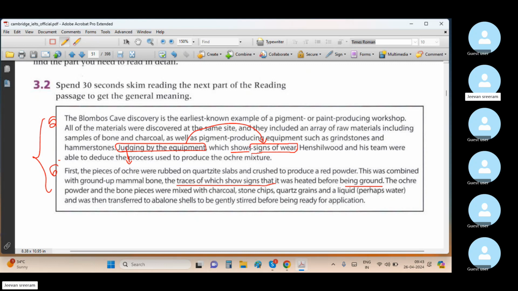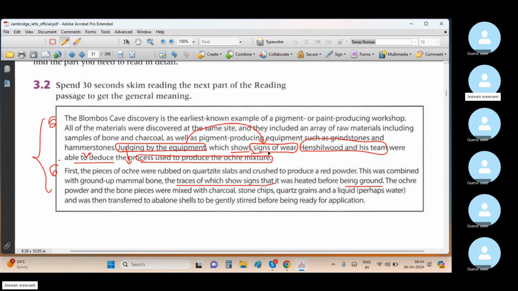Signs of wear. Making use of the equipment, what actually it is showing, they basically use the signs of wear. The scientist Henshilwood and his team made use of signs of wear that were shown on the equipment, able to deduce, able to understand, able to work out the process used to produce ochre mixture.